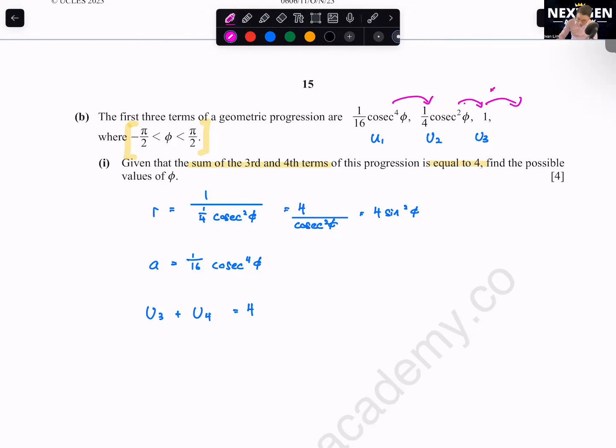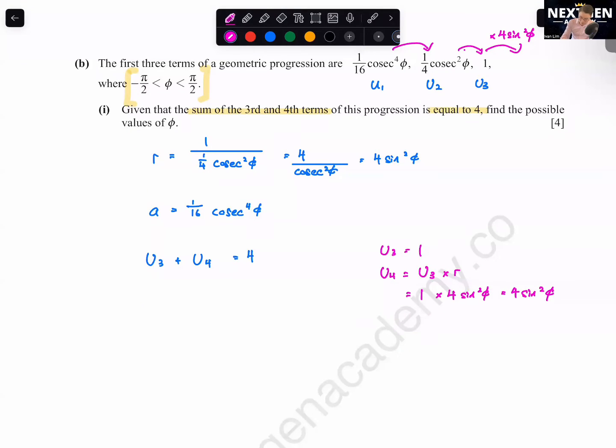So to get my fourth term, I will take my third term multiplied by R. U3 is equal to 1. U4, I will take U3 multiplied by R, which is 1 multiplied by 4 sine square 5, which is 4 sine square 5.